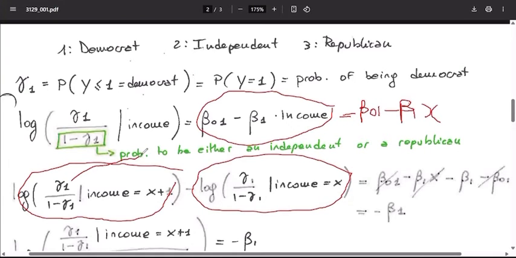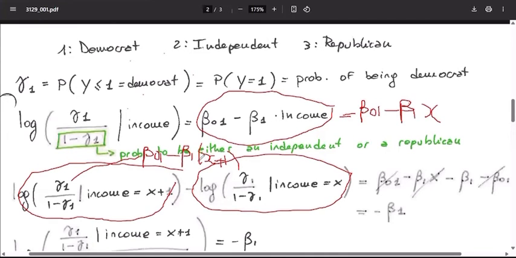Then this here is going to be B01 minus B1 in parentheses X plus 1. Does that make sense? In parentheses X plus 1.